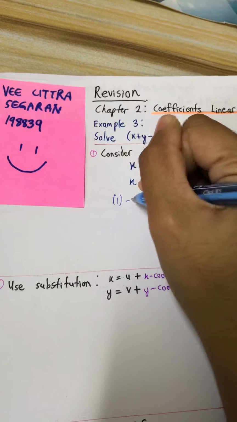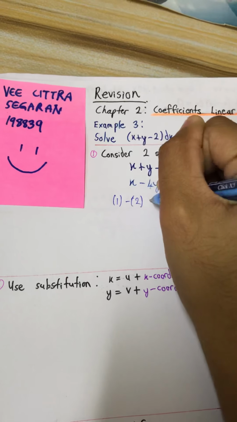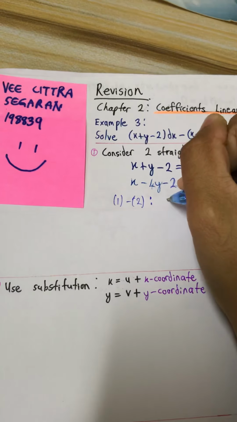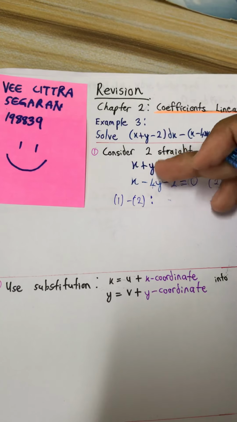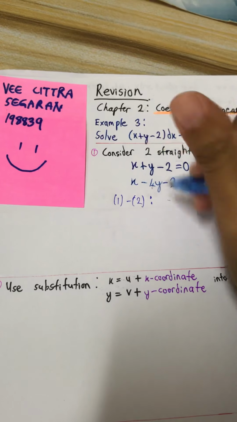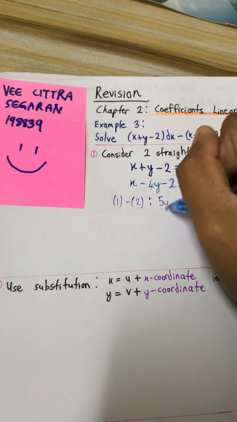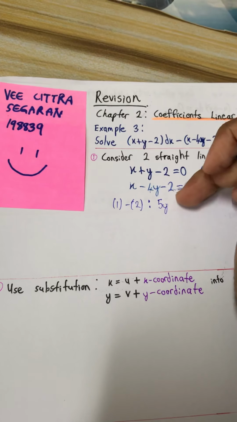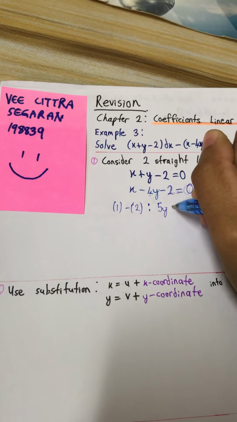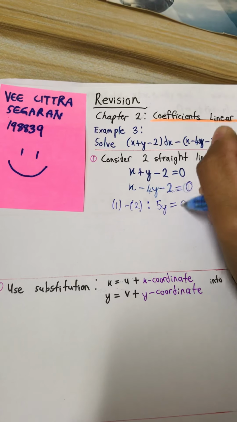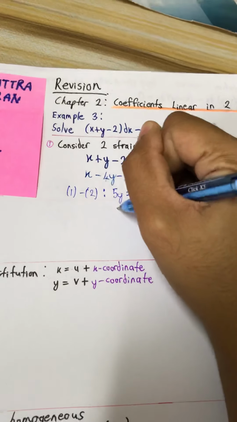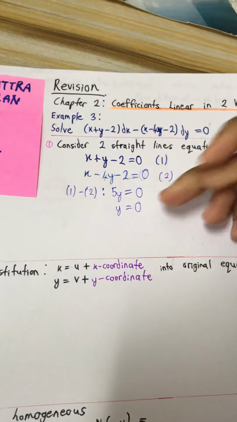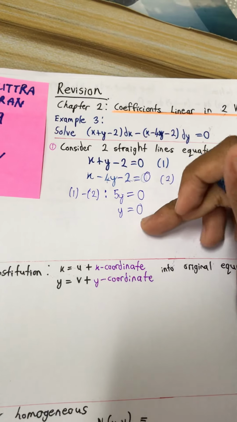So the first minus the second: we get y minus (-4y), so plus, becomes 5y, and minus 2 minus (-2) becomes 0. So we get 5y = 0, and then solving, we get the coordinate of y is 0.